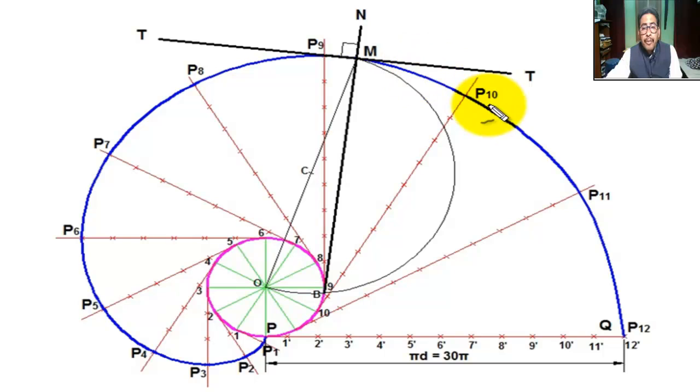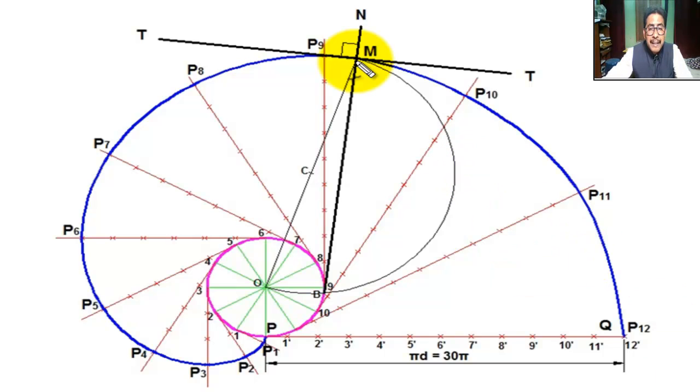To draw the involute curve by joining these points, we draw the curve by hand or by using a French curve.